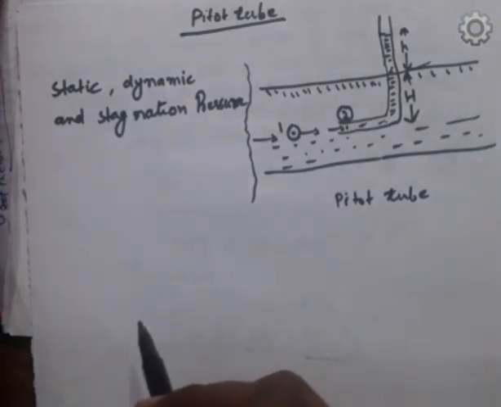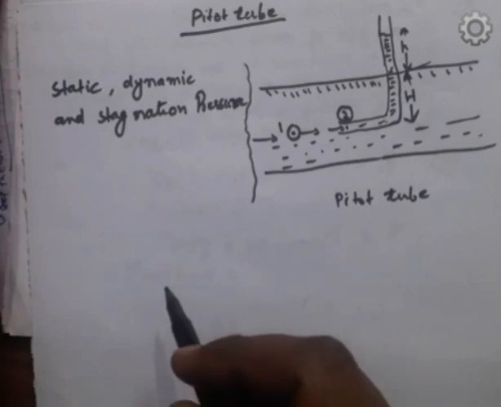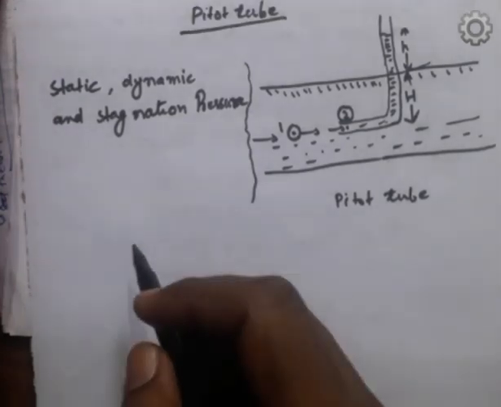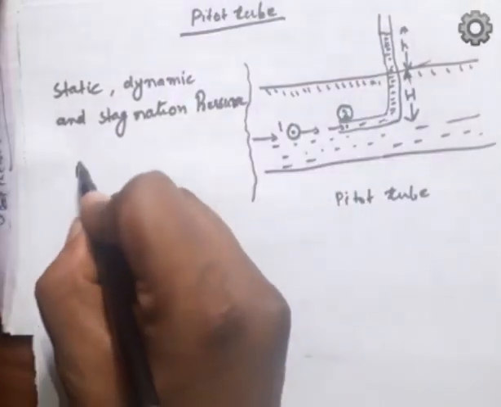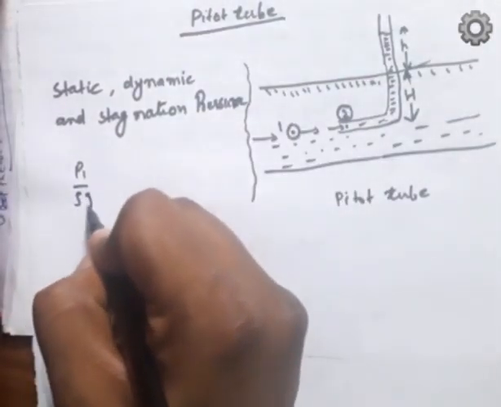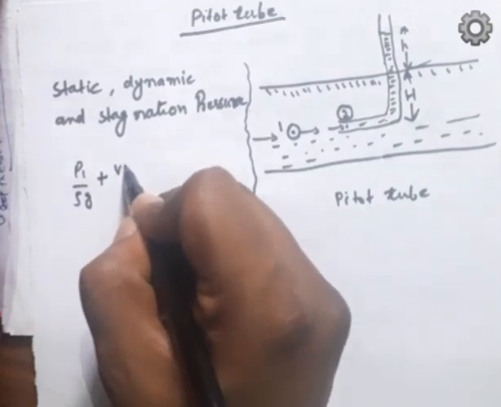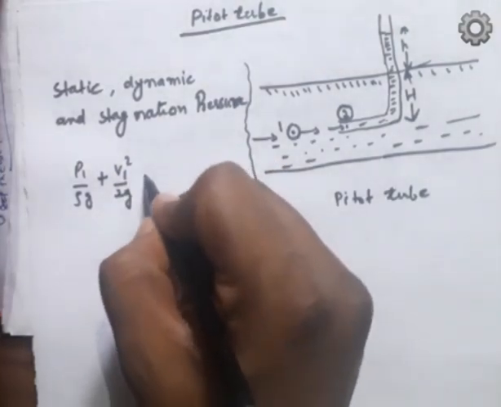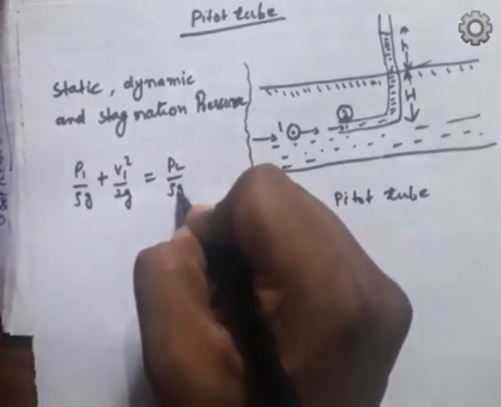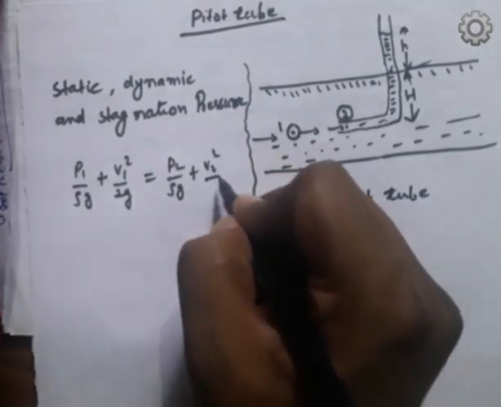Many applications of Bernoulli's equation are those where the datum head is equal. That means P1 by rho g plus V1 square by 2g, and Z is equal, so P2 by rho g plus V2 square by 2g.